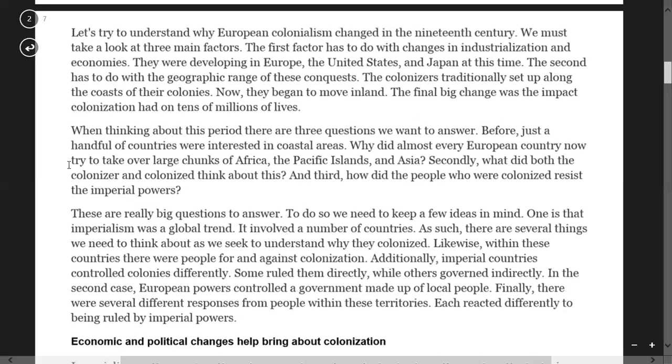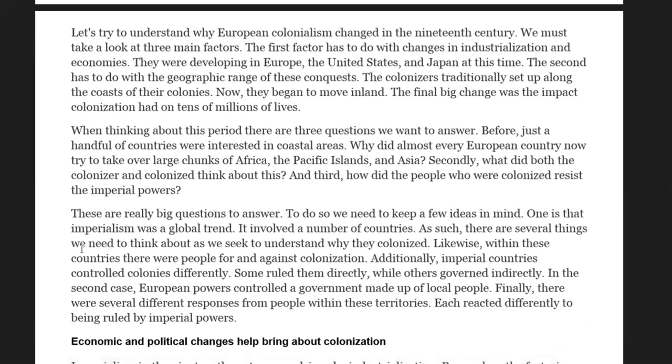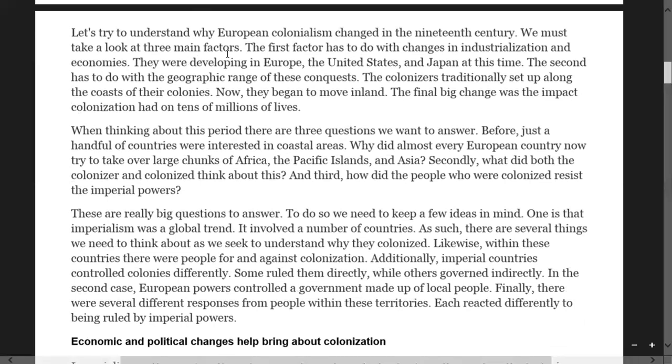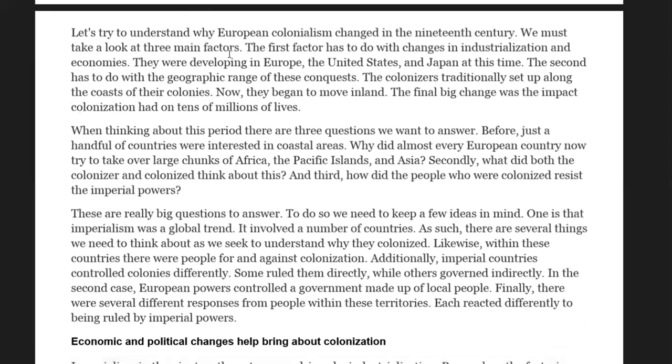They then break down in these three fairly large paragraphs exactly what they're going to talk about in the whole article. They're going to talk about changes in the economy, how industrialization had grown. We know about that. That's good.